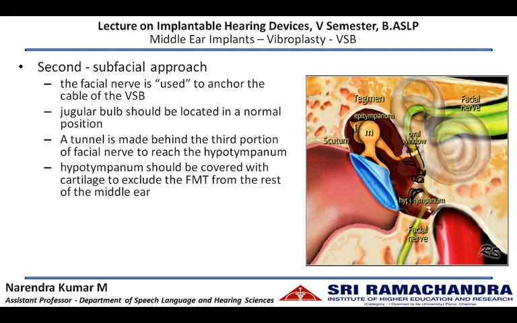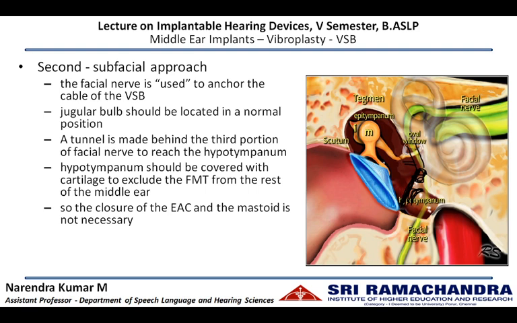Once the floating mass transducer is placed onto the round window, then this hypotympanum has to be sealed with cartilage. By sealing the hypotympanum with cartilage, we can exclude the floating mass transducer from the rest of the mastoid cavity. This cartilaginous closure will make sure that closure of the external auditory canal and the mastoid cavity is not necessary.